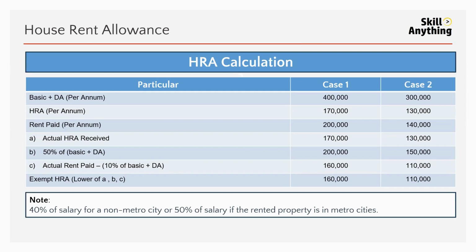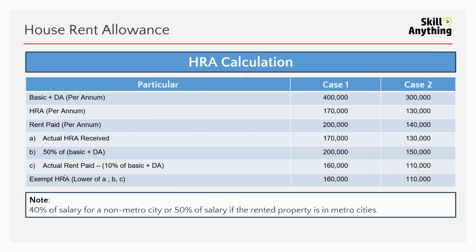First, we take the actual HRA received, which is 1,70,000 and 1,30,000. Second, 50 or 40% of basic plus DA. Calculating 50% of 4 lakh gives 2 lakh, and 50% of 3 lakh gives 1,50,000.